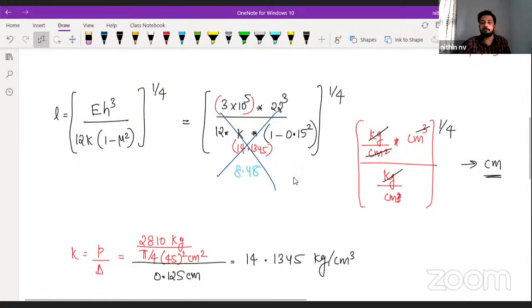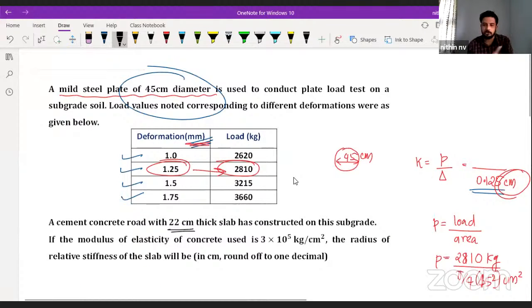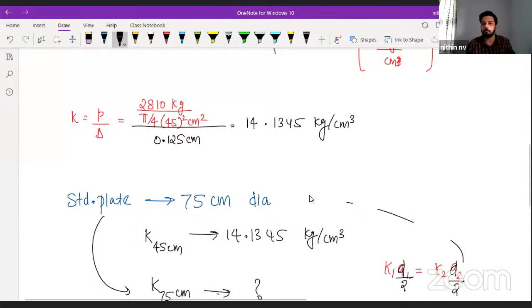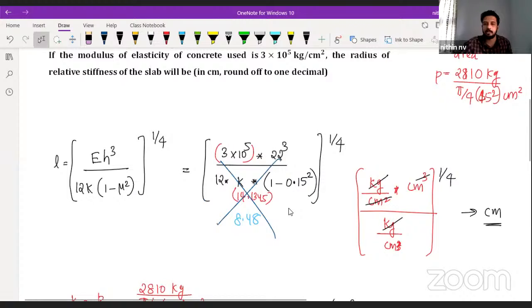Very important. Suppose they are giving in Newton, then it will be this into 9.81. If they are giving that value in the question, then finally you will be getting some value that you have to convert into kg, because the E value, 3 into 10 raised to 5, is given in kg per centimeter square.